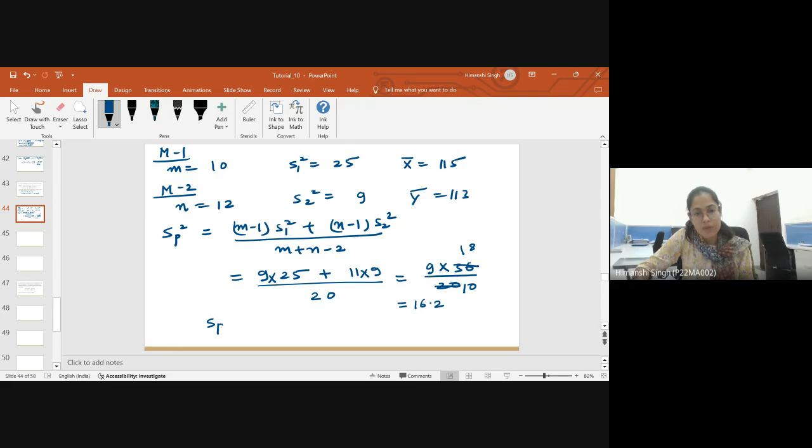So Sp will be what? It will be under root of 16.2, so it will be 4.02. Okay, now we know the Sp.